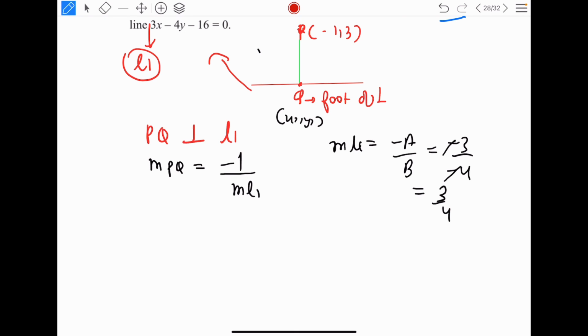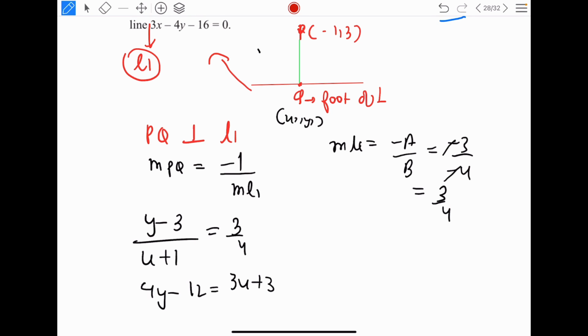So the slope of PQ will be (y minus 3) upon (x plus 1) equal to 3 by 4. Solving this, 4y minus 12 is equal to 3x plus 3, that means 4y minus 3x is equal to 15.